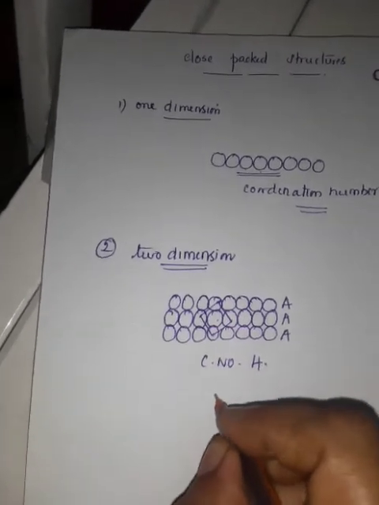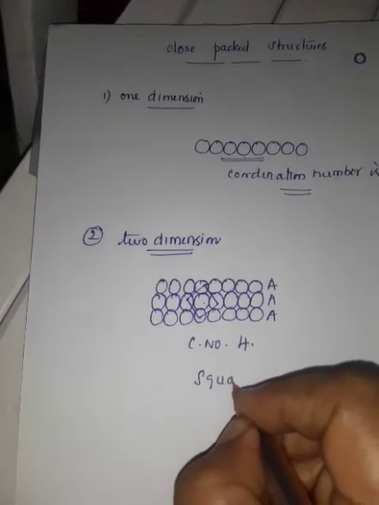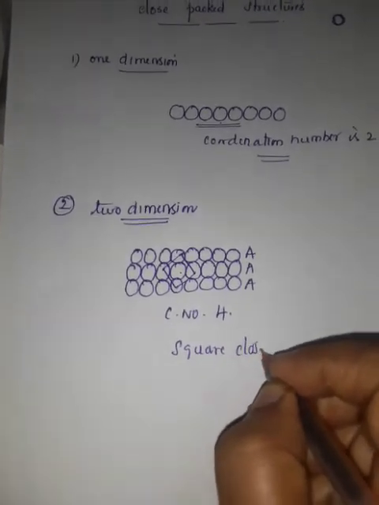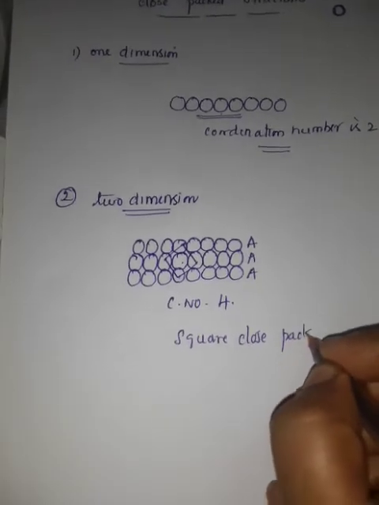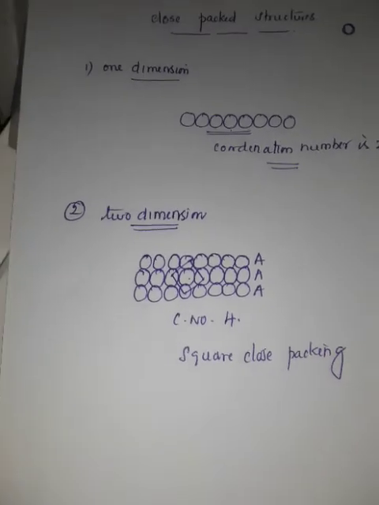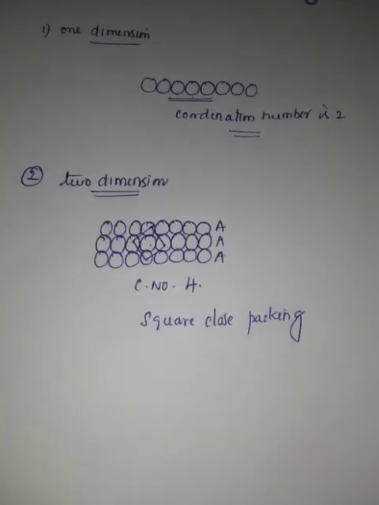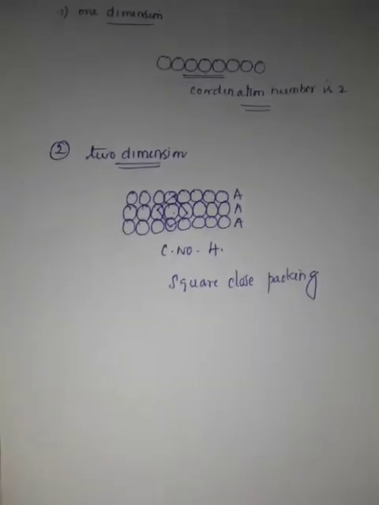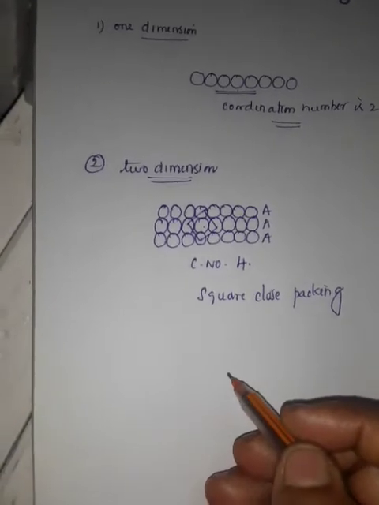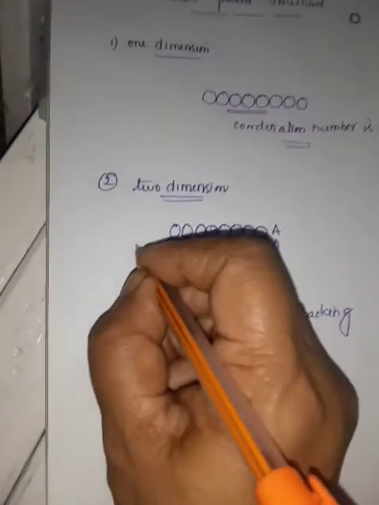Now I have joined the centers of the spheres. It is like a square, so it is called square close packing in 2 dimension. This is the first type in 2 dimension.